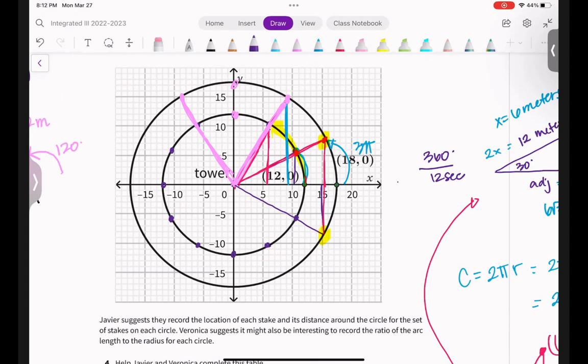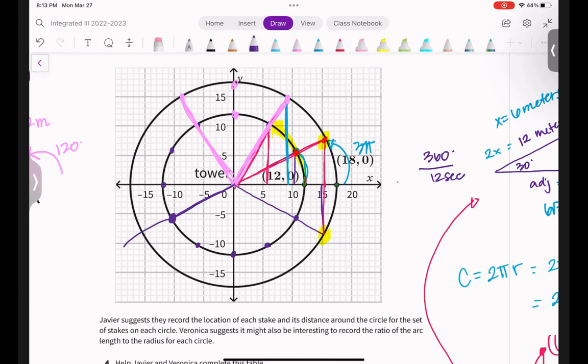So if I wanted to talk about this point right here, I can tell you the rectangular coordinates, which is some number like x comma y. Or I can do this without even calculating, because I need to know the radius. The radius here is 12.